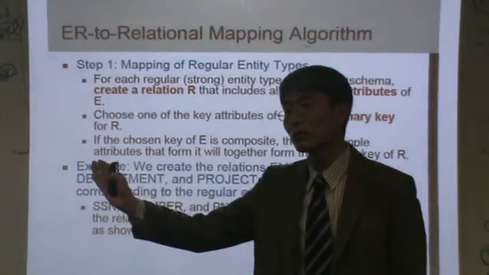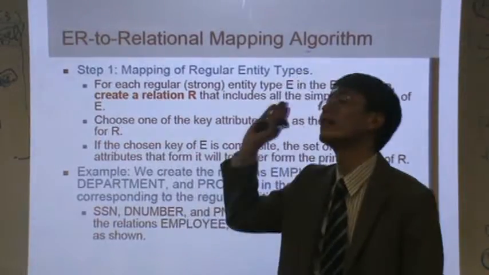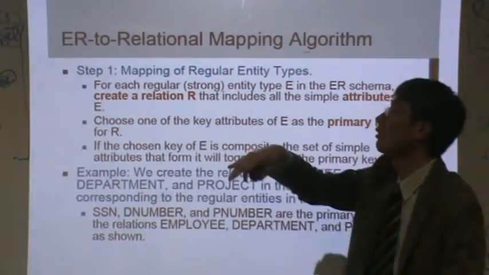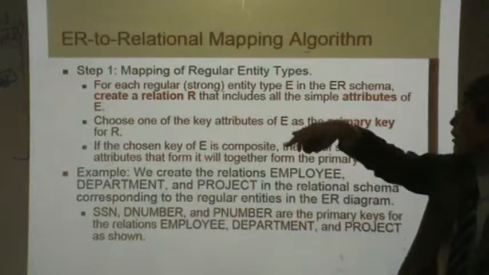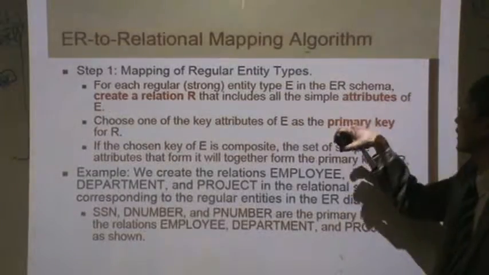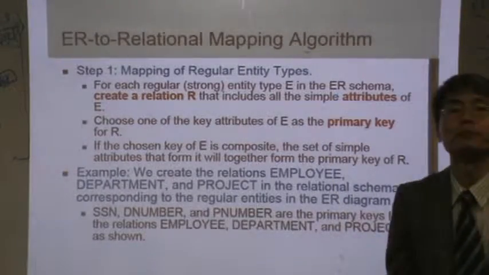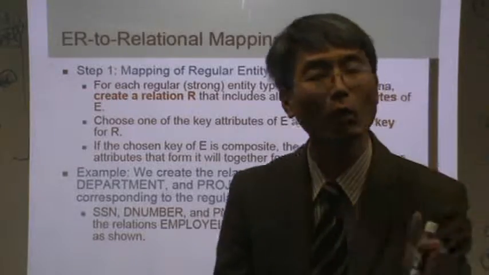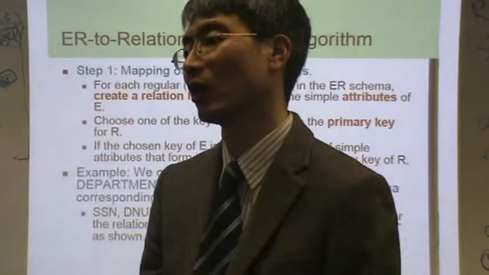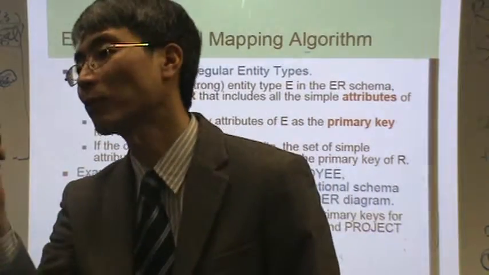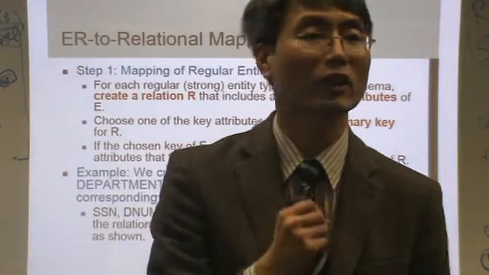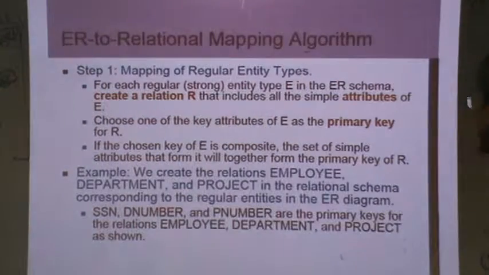So that's the problem in the relational model. Later we will consider it. So we can use the key attribute as the primary key. But how many key attributes? One or more key attributes. We need to decide one of them as the primary key. One primary. So that's it.